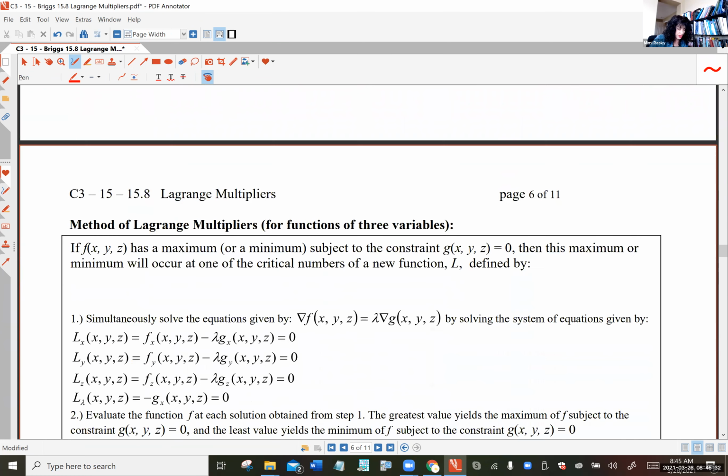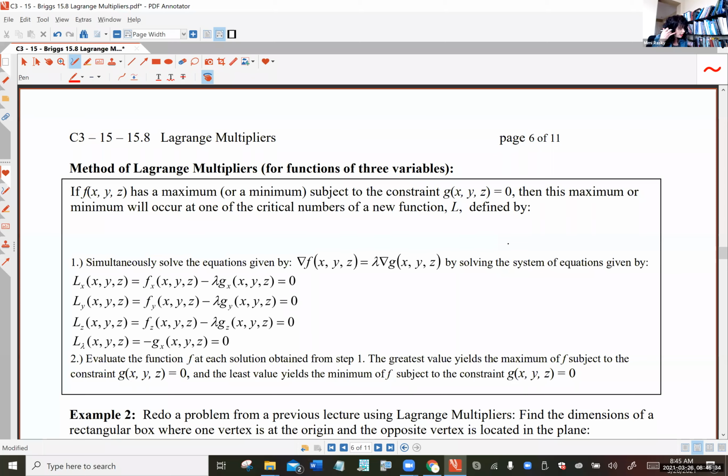Pretty cool. So in your text, it looks a little different. The way I did it is I have you create a function of 4 variables. I call it big L, the Lagrange mother of a function. And I have you form it by taking the function that you're trying to optimize, whether it's maximizing or minimizing, and subtracting lambda multiplied by your constraint.